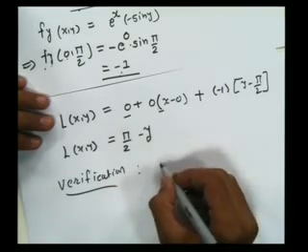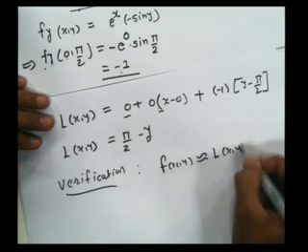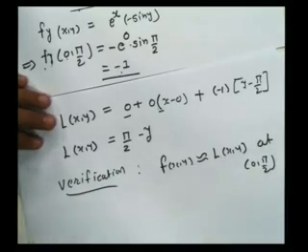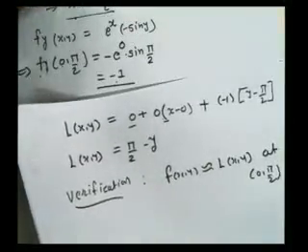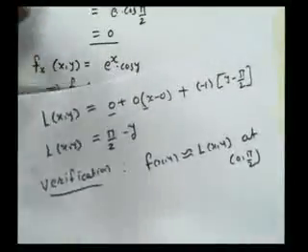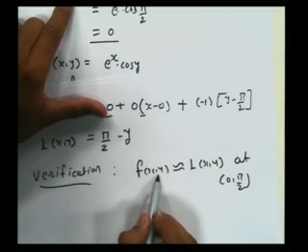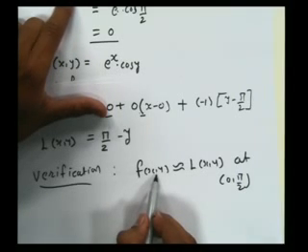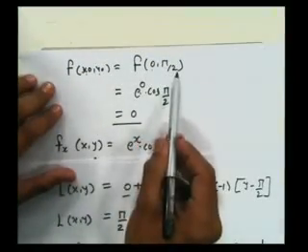We have to verify that f of x y is similar to L of x y at 0 comma pi by 2, that means at the given point. f of x y is e raised to x into cos y, and f of 0 comma pi by 2 is 0.